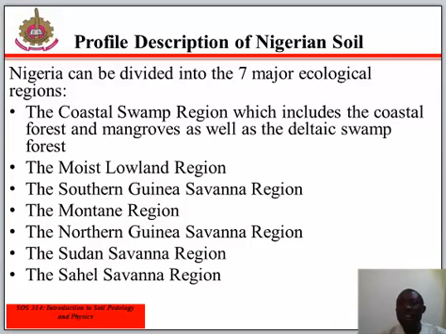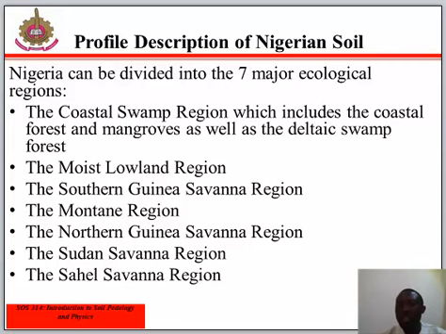The 12 reference soils NG15 to NG29 are located in the southern part of the country in the coastal swamp region and the moist lowland.